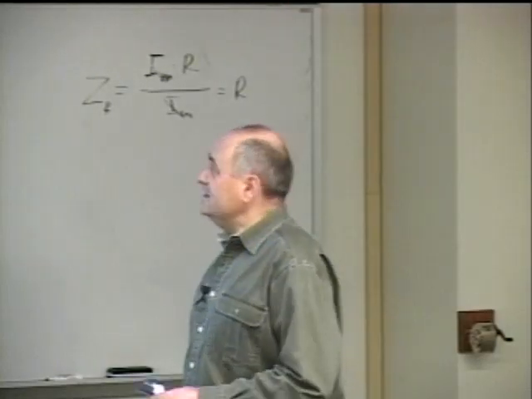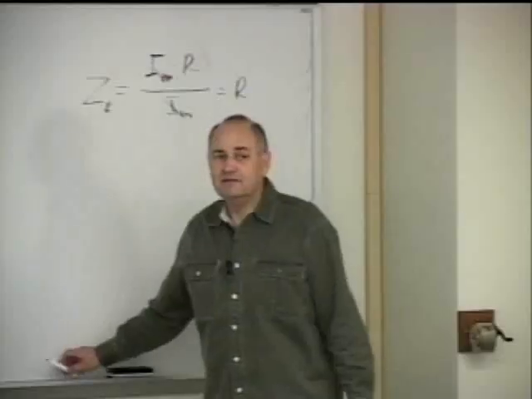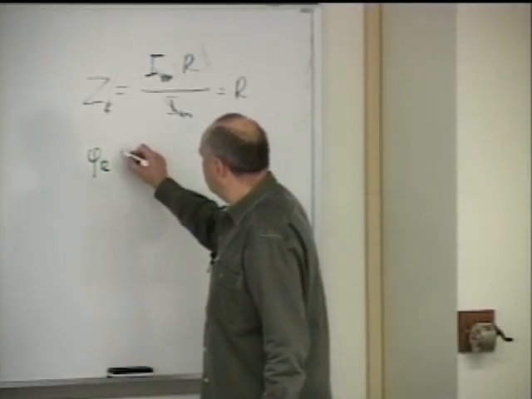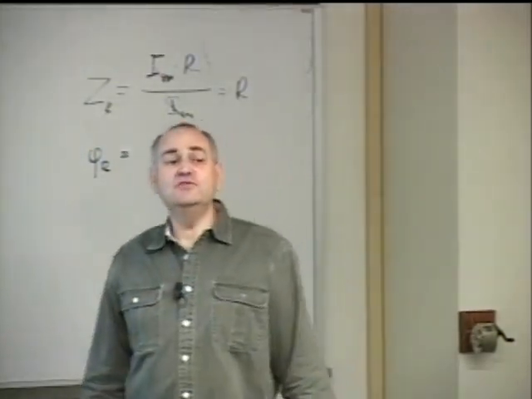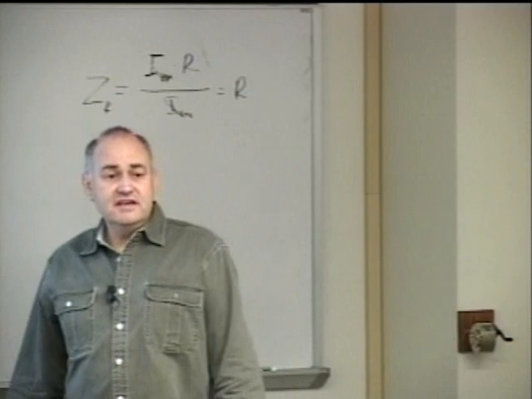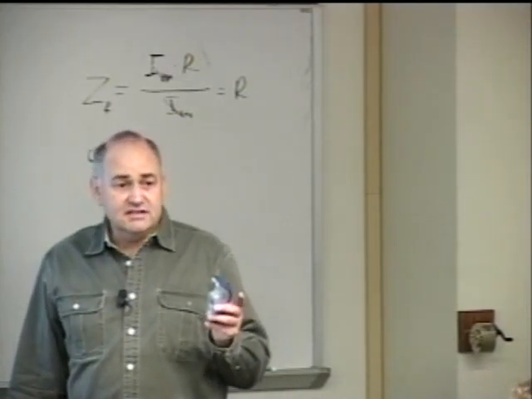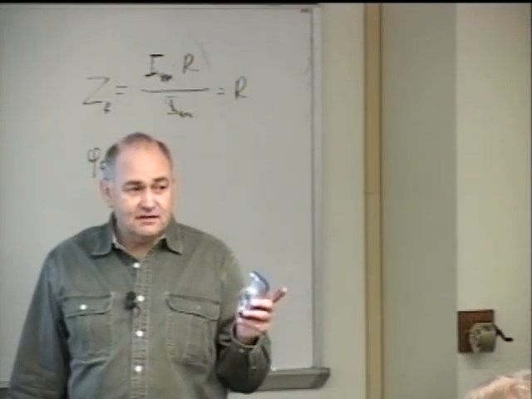How about the relationship between phases? Well, what is the phase angle then? How much is the phase angle? Now we have to recall what phase angle is. Somebody already said 0. The answer is correct. How did you get it?